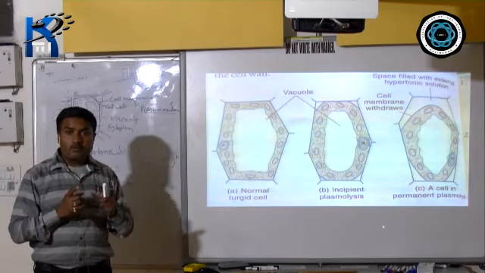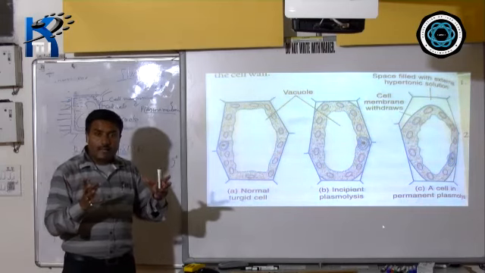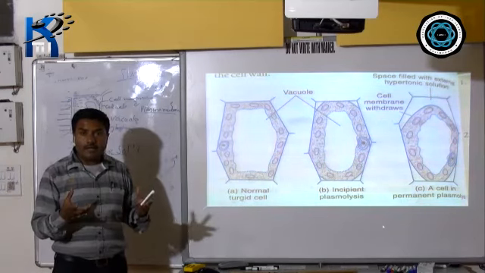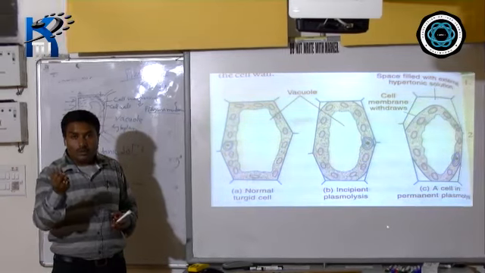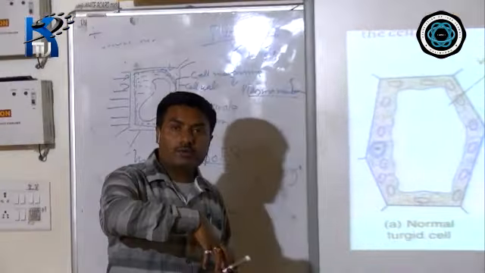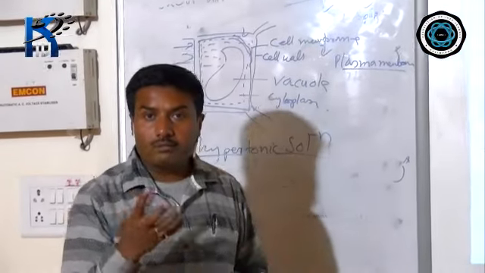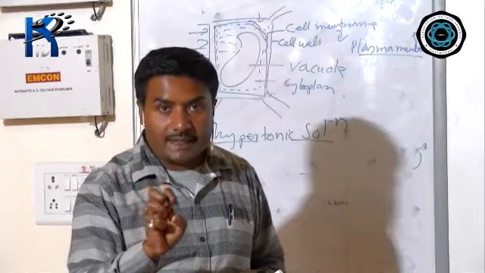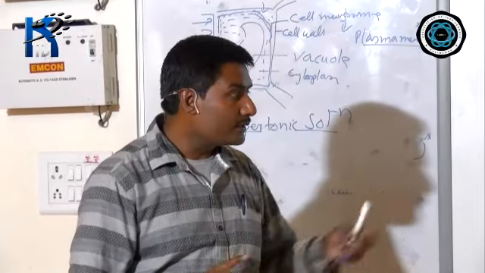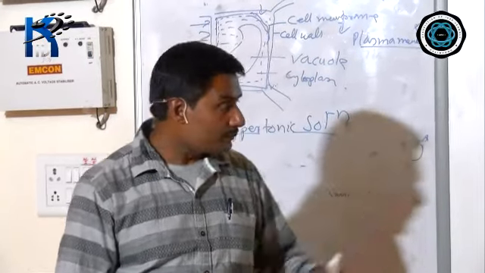But here you have to understand that these microorganisms die due to the process called exosmosis, because the water content moves away from their body. That you call exosmosis. Shrinking of the cytoplasm is called plasmolysis.